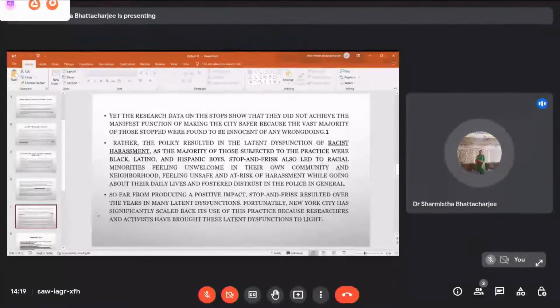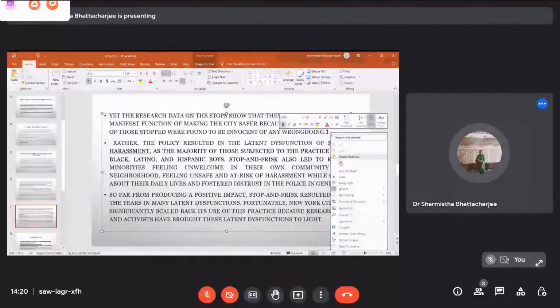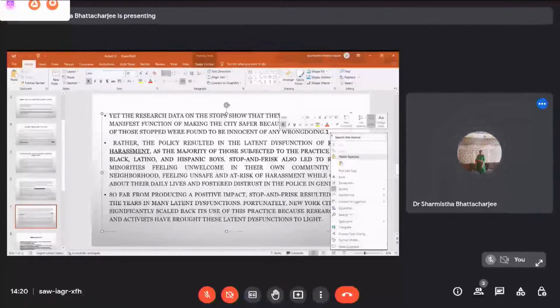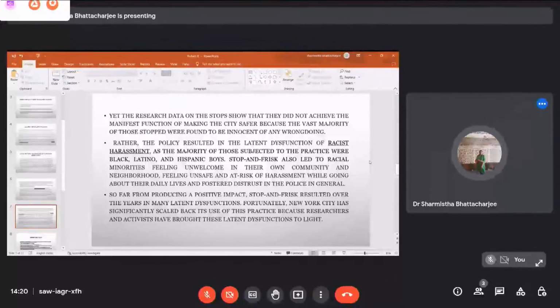Yet the research data on stops showed that they did not achieve the manifest function of making the city safer, because the majority of those stops found people innocent of any wrongdoing.